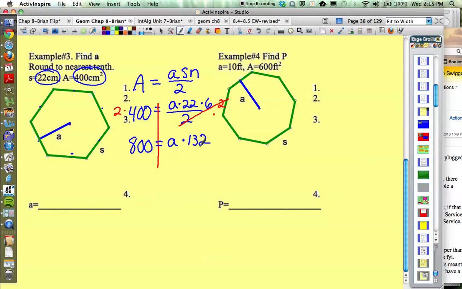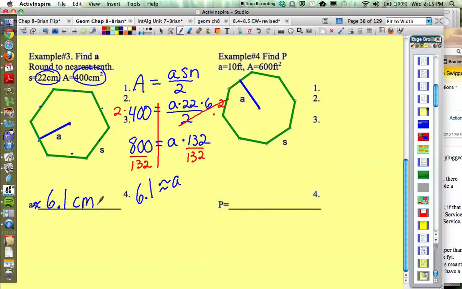Next step: a times 132. To get a by itself, we undo that multiplication by dividing both sides by 132. That comes out to a decimal, and rounding to the tenths place, we get 6.1. 800 divided by 132 is 6.1. So the apothem is approximately 6.1 centimeters. Remember, it is a length here, so just centimeters would be our final label.